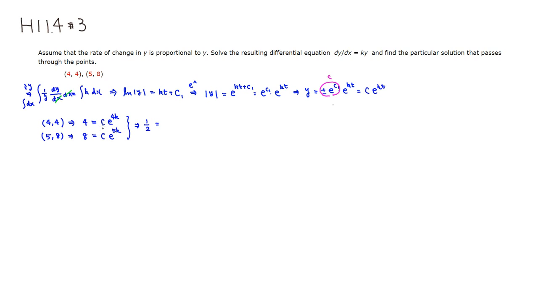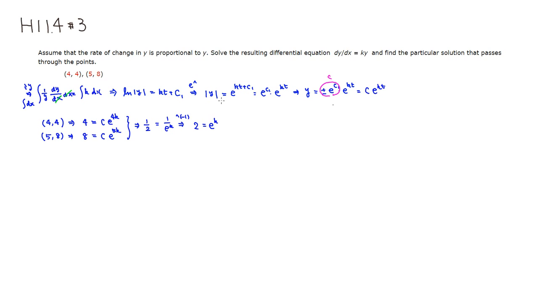The C's cancel out, a common factor. Then the 4k cancels, so there's going to be e to the k on the bottom. So 1 over e to the k, which means that we can take the reciprocal of both sides. Then you have 2 is equal to e to the k. Actually, I'm going to leave it like that.